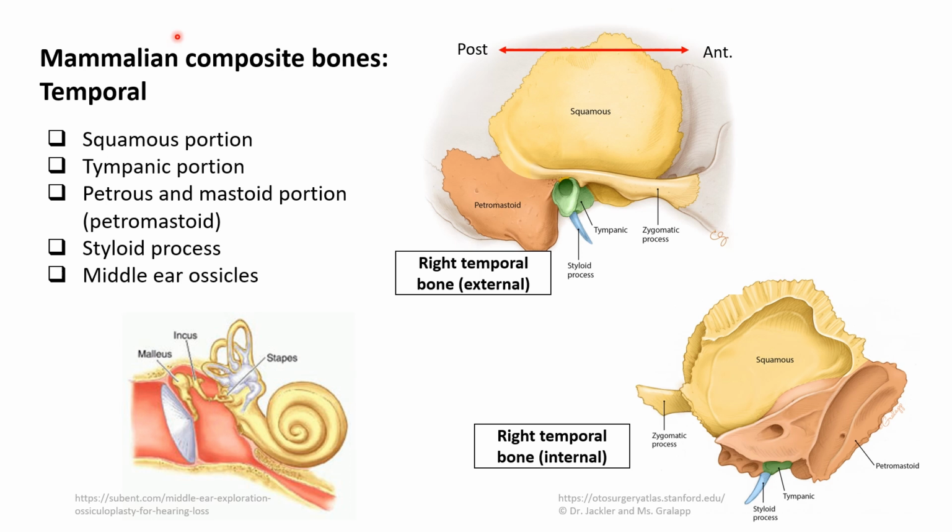Reptiles, birds, and amphibians only inherited the stapes bone. The middle ear ossicles, together with the styloid process, are derivatives of the gill arches. So we'll come back to them in the splanchnocranium portion.